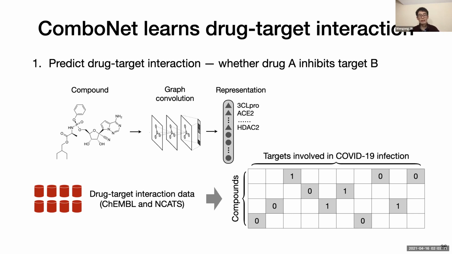They both provided some data about drug-target interaction in the context of COVID-19. The dataset is organized as a sparse matrix, where you have these compounds and these targets, and 0 or 1 indicates whether this drug inhibits this target or not.